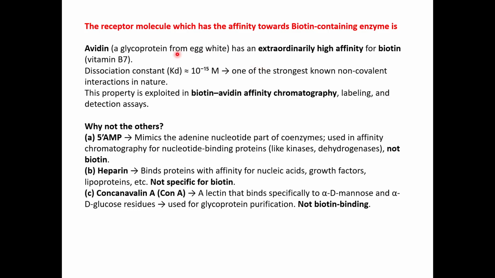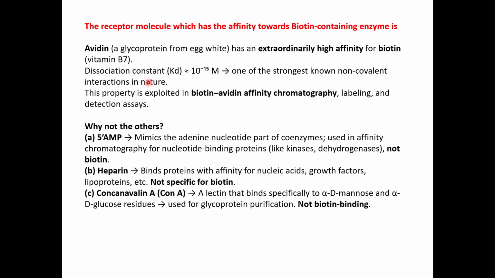Avidin and biotin are used in many techniques, not only in affinity chromatography, but even in several other antibody antigen interaction studies, or binding partner studies. So avidin and biotin are very common partners that are used in different experimental setups.